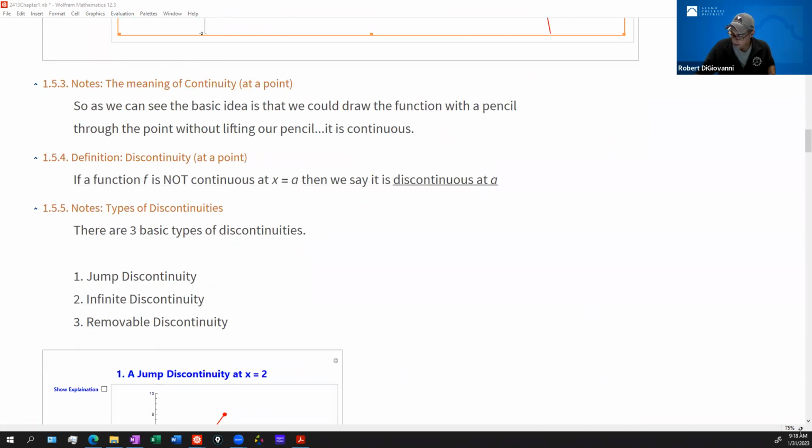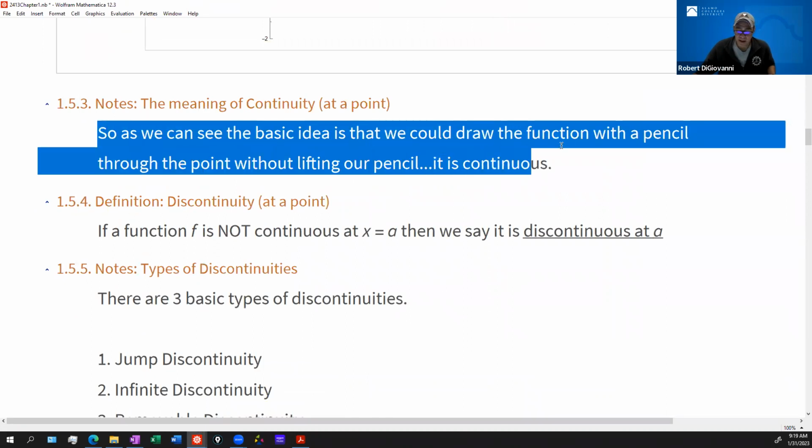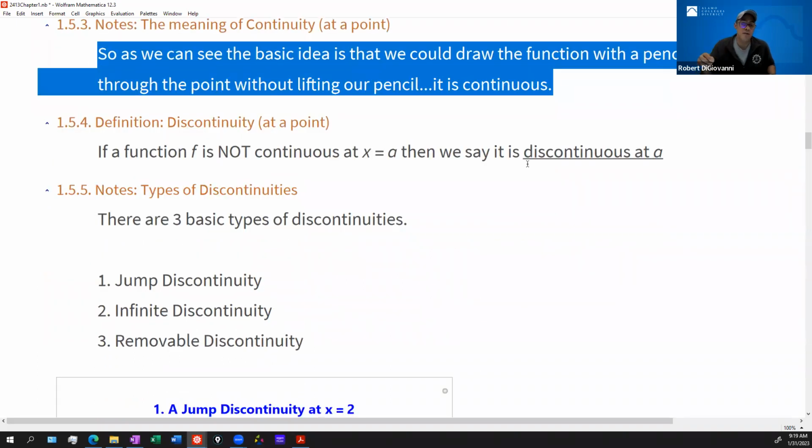Okay, let's move on. Let me make this a little bigger. Like I said, the basic idea is that we can draw the function with the pencil without lifting the pencil, and then it's continuous. If continuity has a definition, then we have this other definition called discontinuity. Discontinuity just means that you're not continuous at some point.